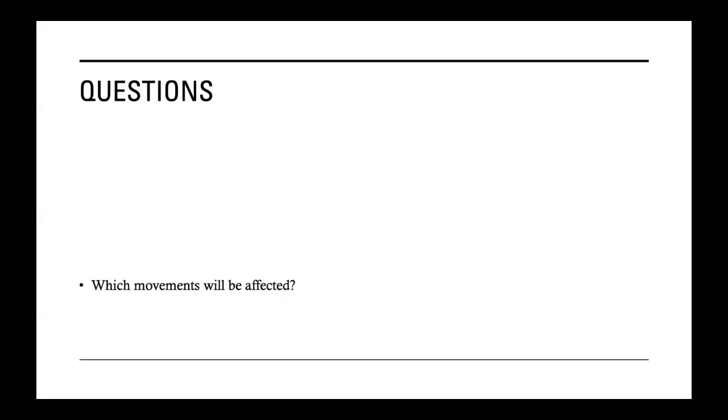Okay, so questions with this. Which movements will be affected? If we think it's just going to be everything under C7, and if we remember our myotomes correctly, which is always a bit of an issue, we'll know that C7 controls all the extensor movements.